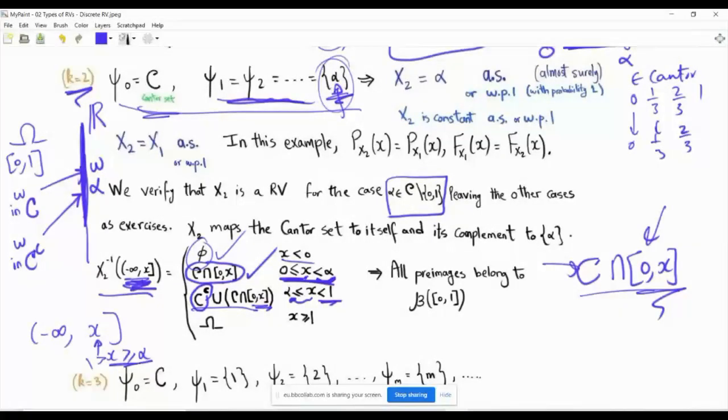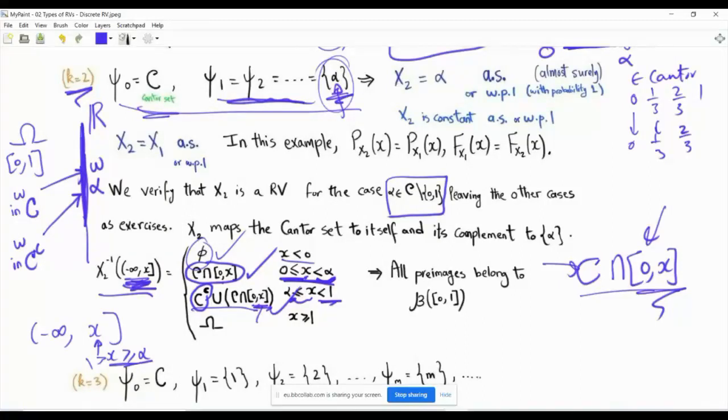So we have the complement of the Cantor set, and also the Cantor numbers from 0 to x, because those are mapped to themselves. Now everything here is in the sigma algebra. C is in the sigma algebra, C complement is in the sigma algebra, and for finite unions and intersections, everything is in the sigma algebra, by the properties of a sigma algebra. So this is part of the Borel sigma algebra on [0, 1].